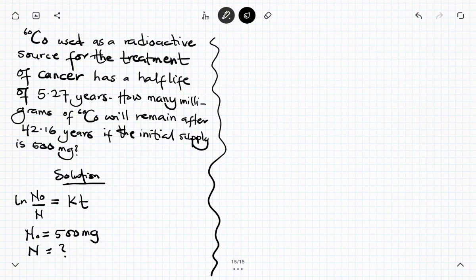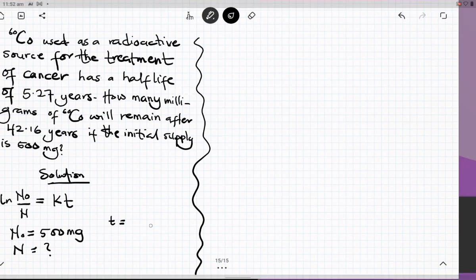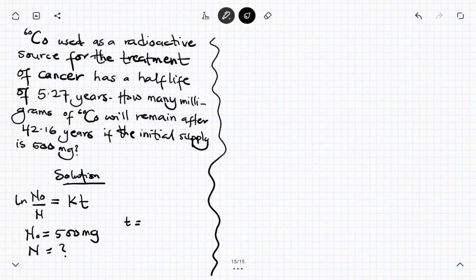And then we are given T, which is time, to be 42.16 years. So if we take a look at the question, we can see that we have N naught, we have T, and we are trying to find N.